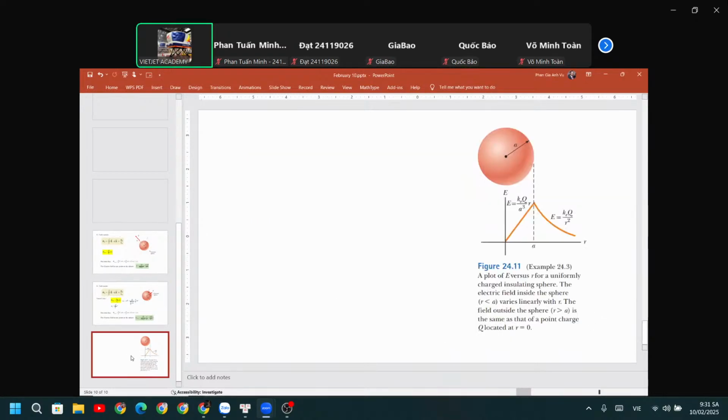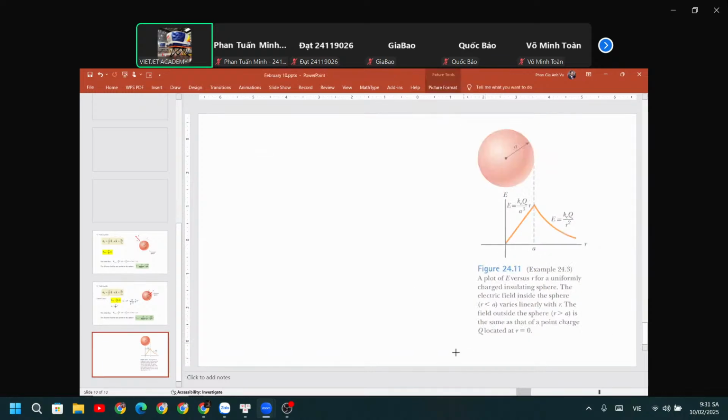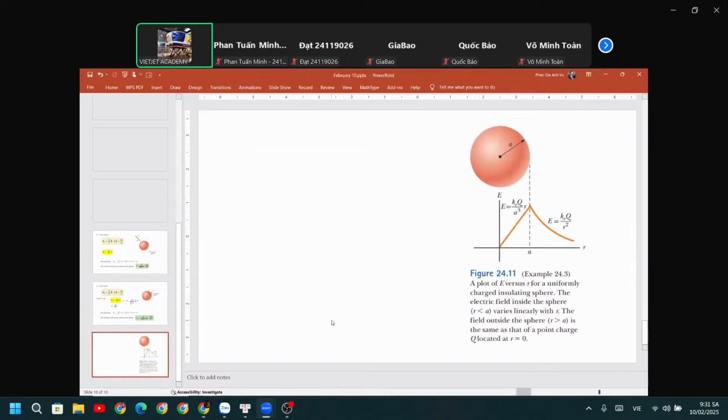Right? You had A. So you see, if we calculate it directly from the integral, it's very difficult, right? You have the triple integral and so on.